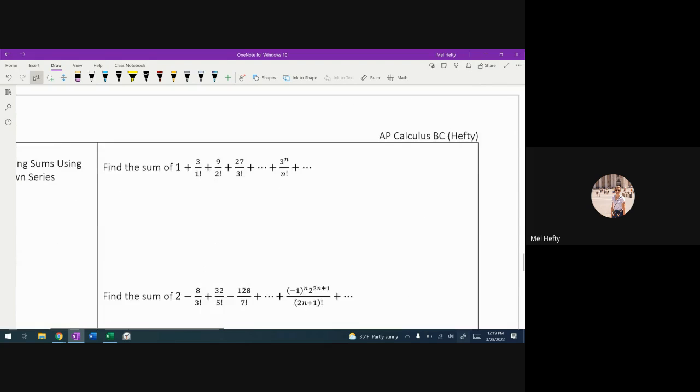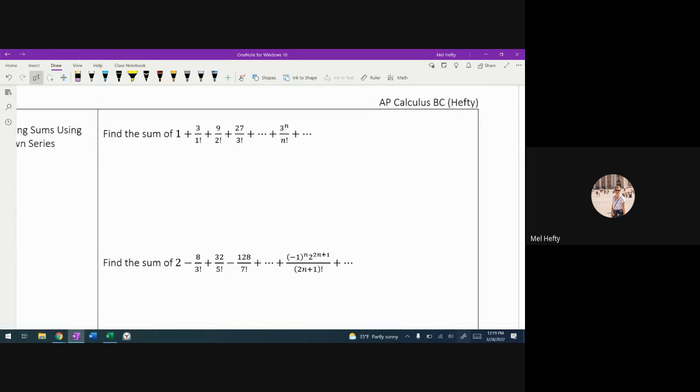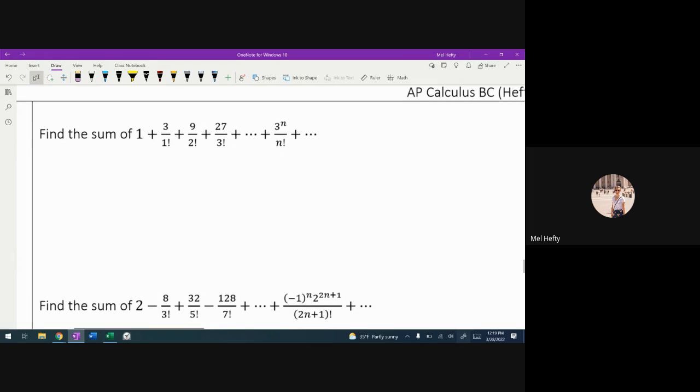So for our ending of this part of Taylor series, I want to do one more cute thing, and that's on the back page of this. We're going to talk about finding sums using our elementary Taylor series. I want you to look at the first one. This looks like one of our Taylor series that we have memorized. Which 3 do we have memorized now?